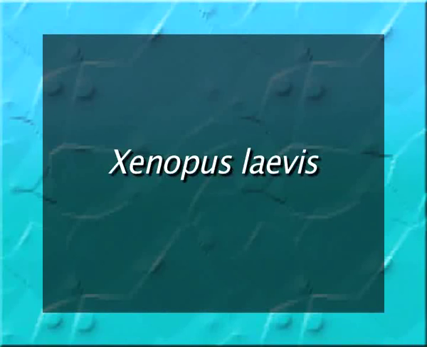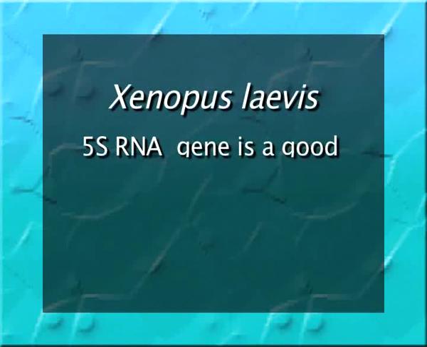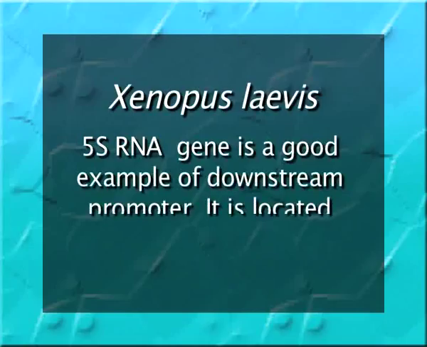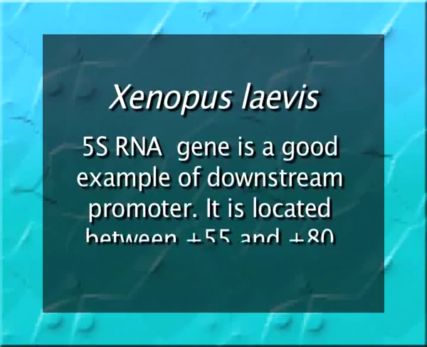The promoter of Xenopus laevis 5S RNA gene is a good example of downstream promoter. It is located between plus 55 and plus 80 regions. The promoter itself is transcribed and is represented within the RNA.